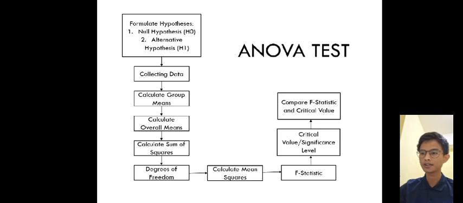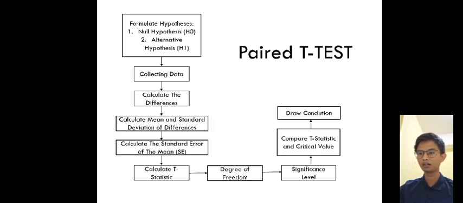So that's how to do ANOVA test in this research. And then after that, I want to explain about the paired t-test. The paired t-test is a statistical test used to compare the means of two related groups.